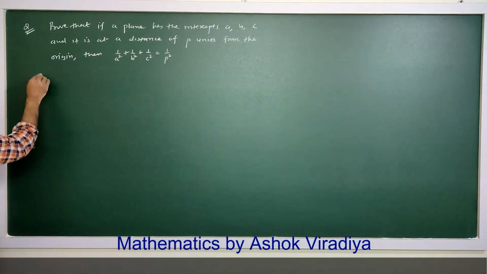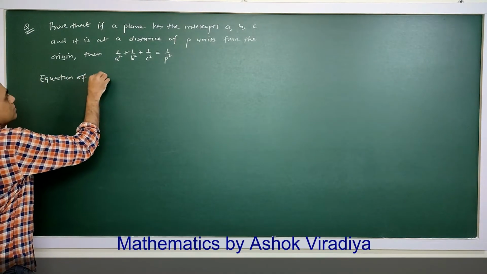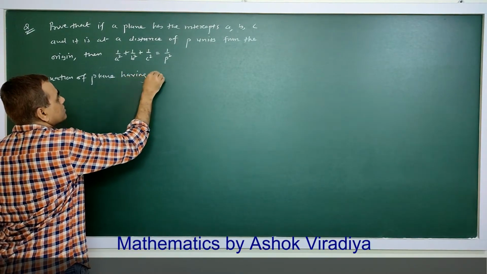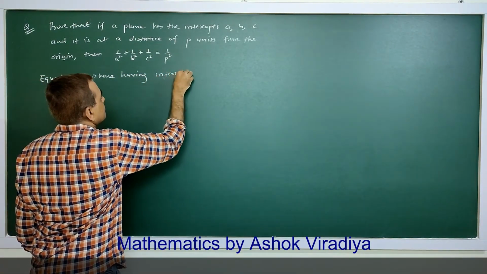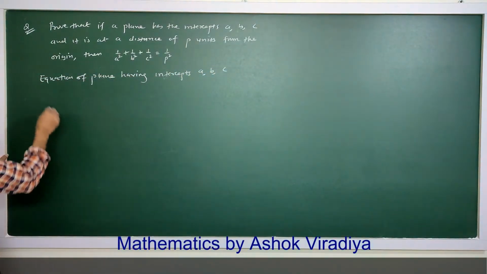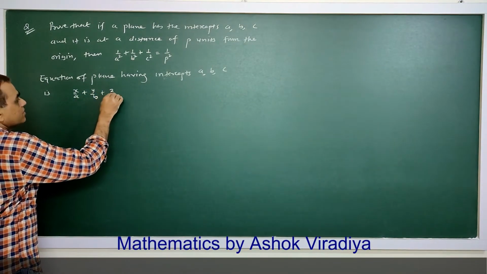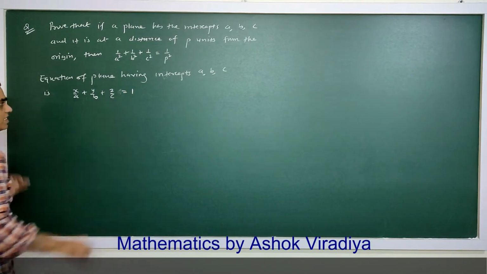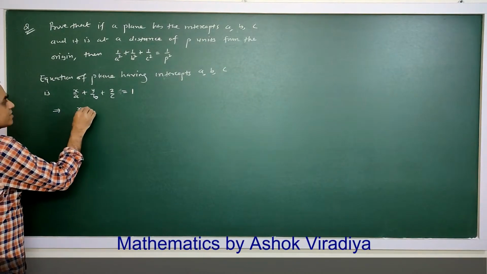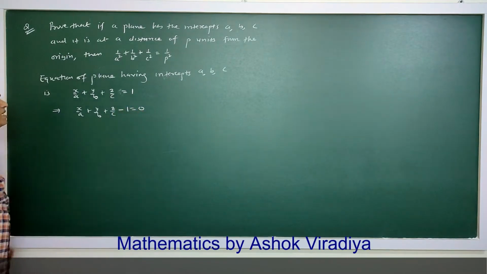Now see, equation of plane having intercepts a, b, c, we know that it is x by a plus y by b plus z by c equal to 1. That is, this can be written as x by a plus y by b plus z by c minus 1 is 0.